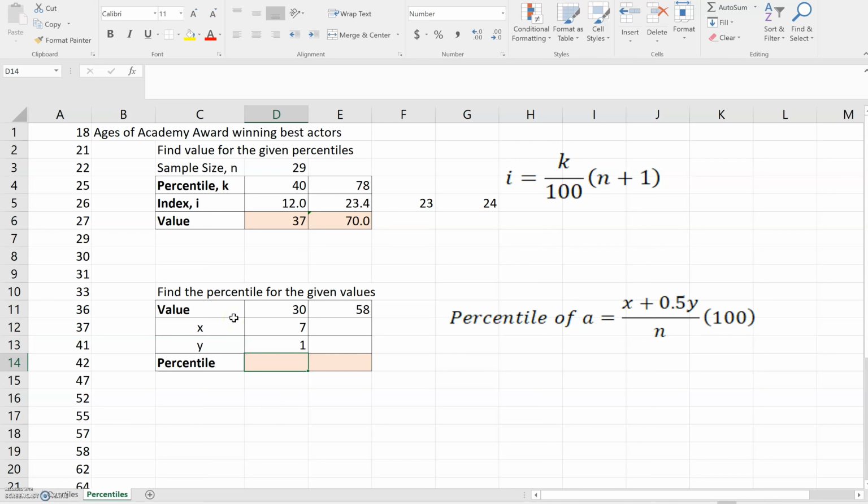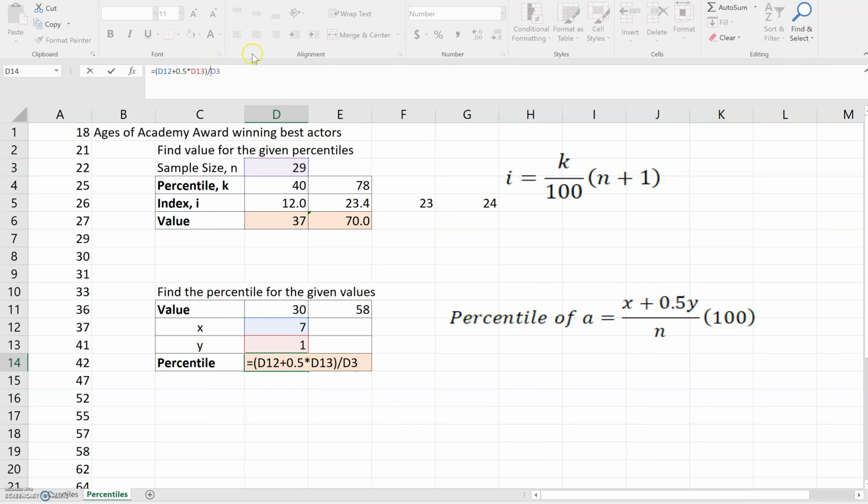Now I have everything I need to calculate this formula. So equals, I need parentheses around everything in the top of this fraction, and then X plus 0.5 times Y. Close those parentheses, divided by N all the way up here.